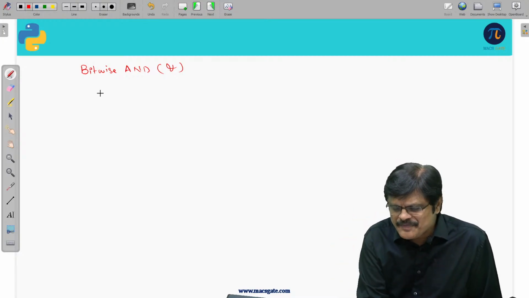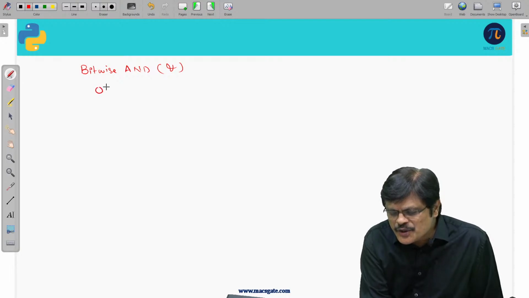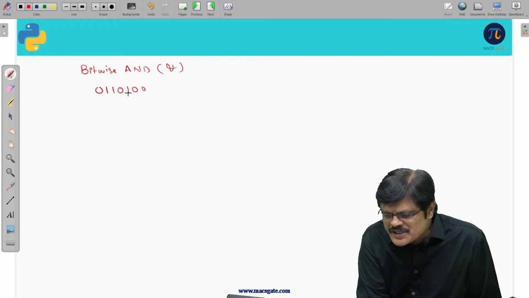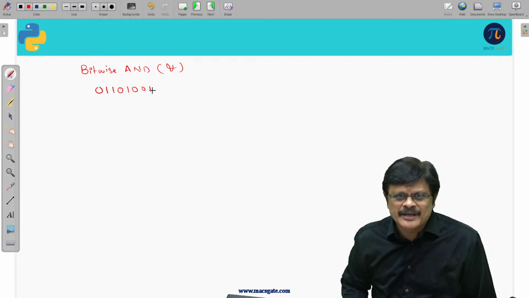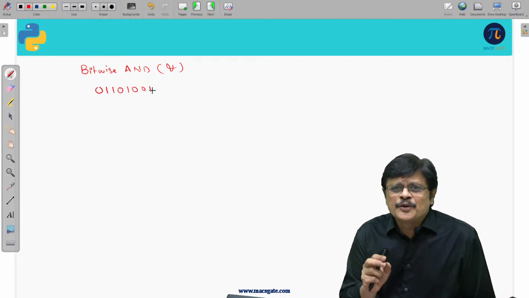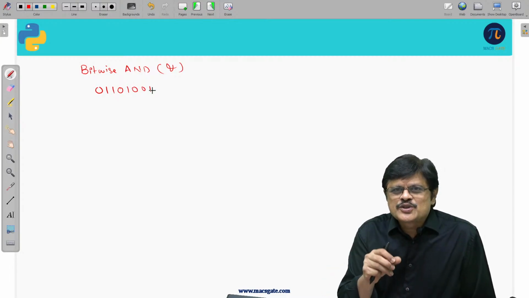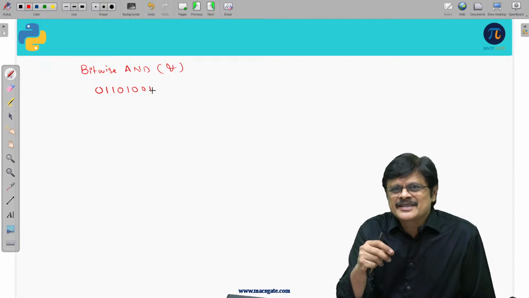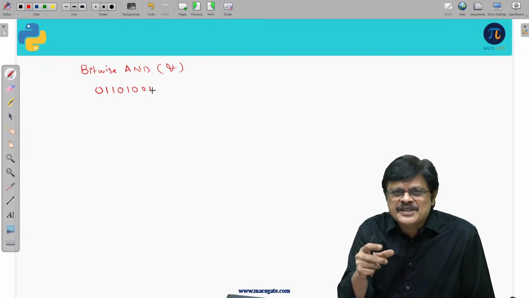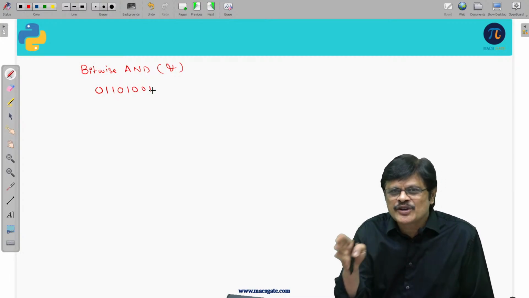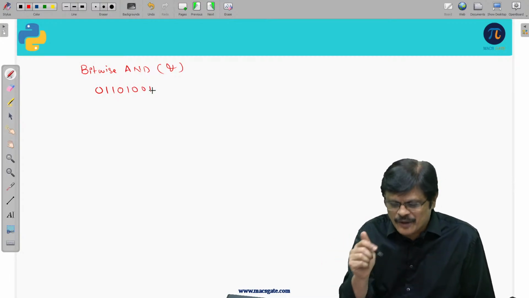Suppose you have a binary representation, say 0 1 1 0 1 0 0 1. I am using an 8-bit number, but in Python it's not restricted to 8-bit or 16-bit. It depends on the precision, so it won't be fixed to 32 bits or 64 bits.